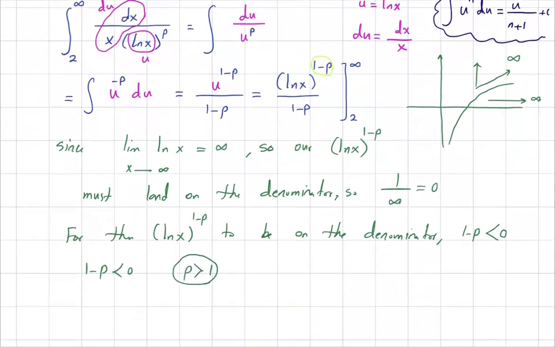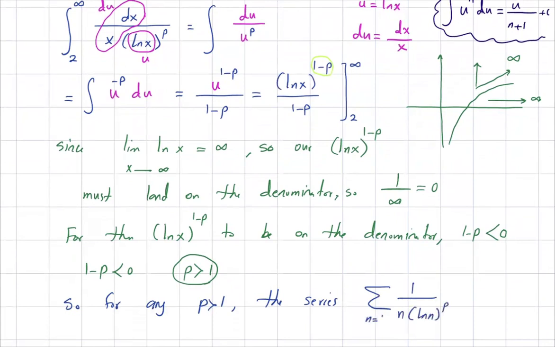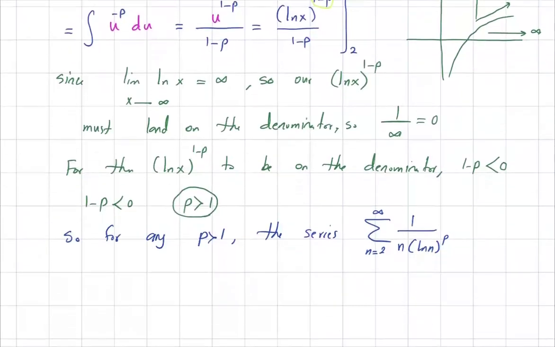So for any p value more than 1, the series of the form the summation of 1 divided by n times ln of n to power p, n starts from 2 to infinity, is a convergent series. So this is our answer. This is what you're looking for.